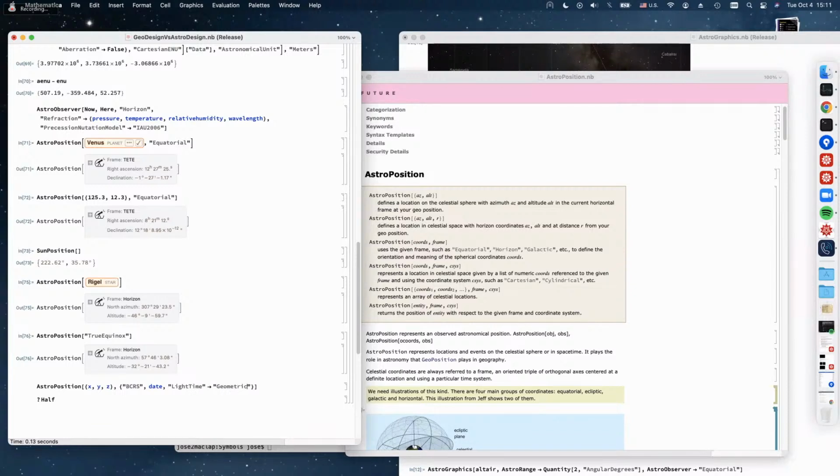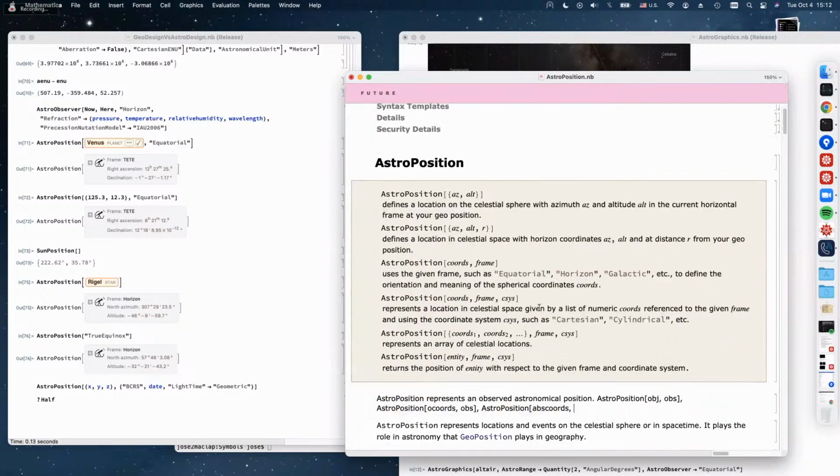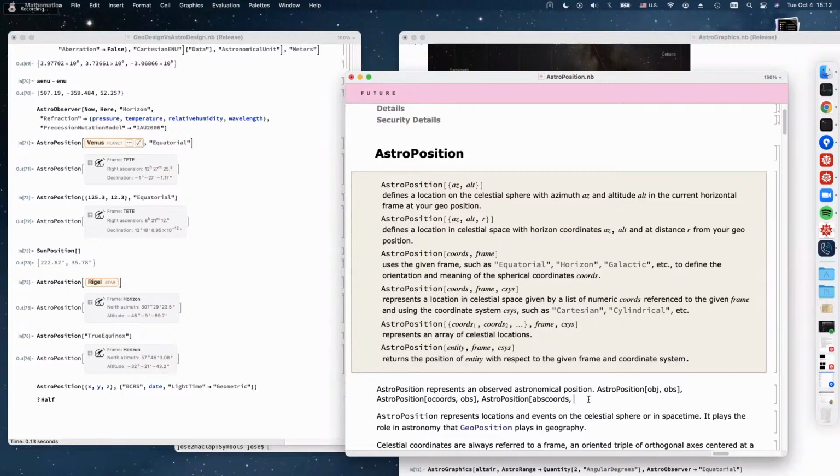And then really the next case is astroposition, ABS coords, and then some kind of coordinate system, which is a different thing from the observer, because it's a reference system again.